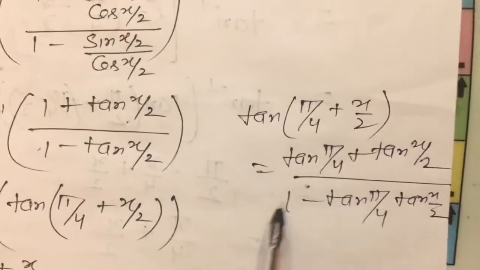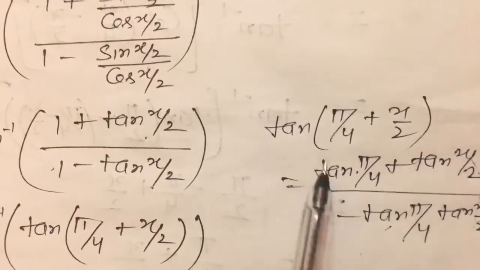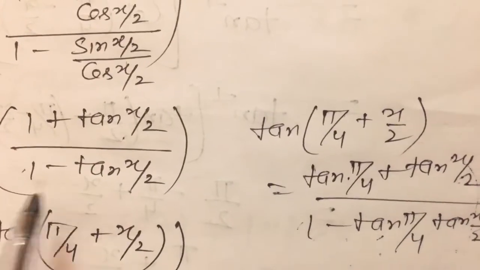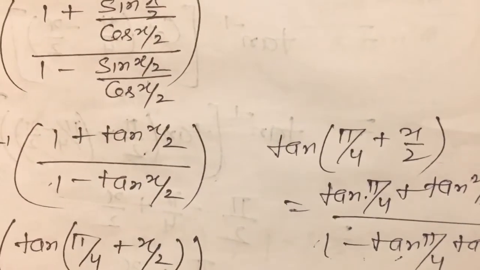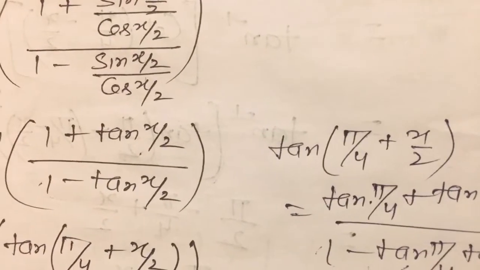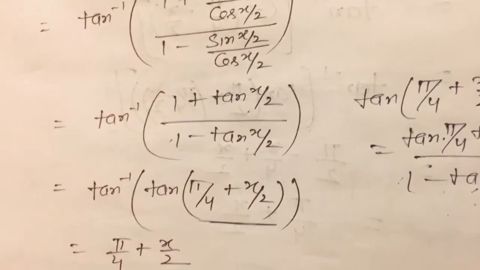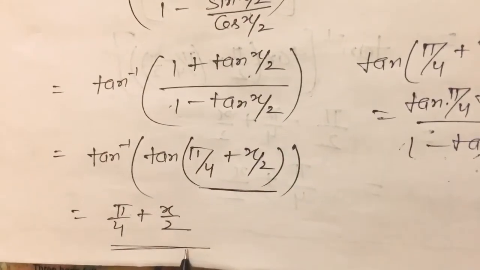Since tangent pi by 4 is 1, it will be 1 plus tangent x by 2 upon 1 minus tangent x by 2, and we can write this. So tangent inverse cancels with tangent, and it will be pi by 4 plus x by 2.